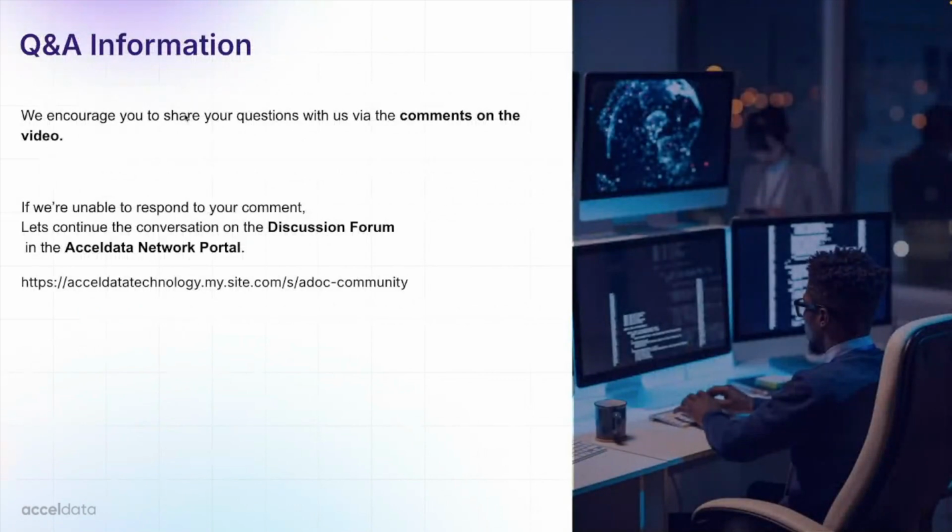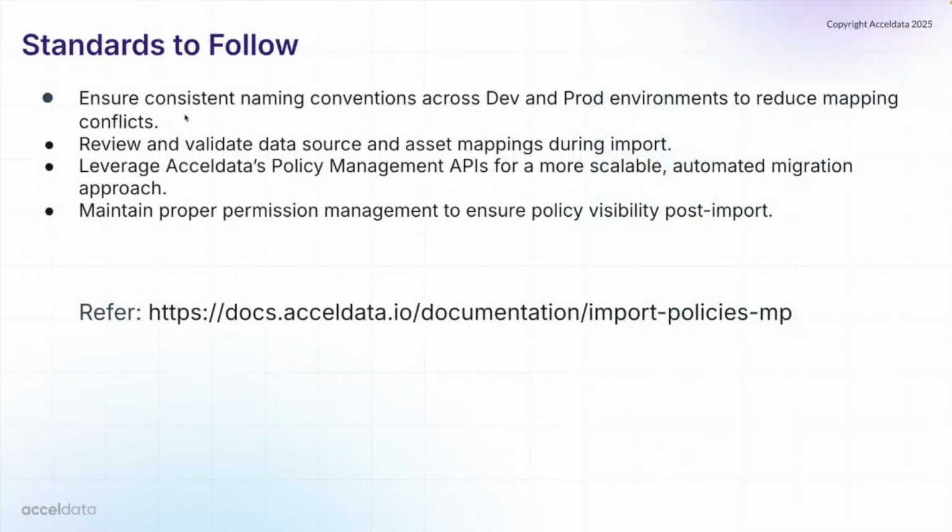What are the standards to be followed for this migration? Please ensure that a consistent naming convention across the various environments is set. This would help us reduce any mapping conflicts. Review and validate the data source and asset mappings during import and export.